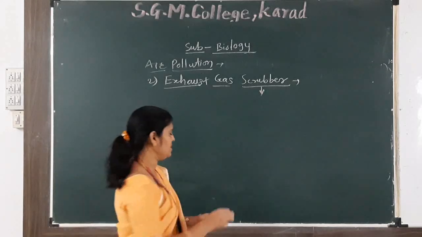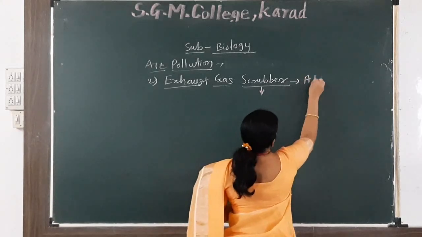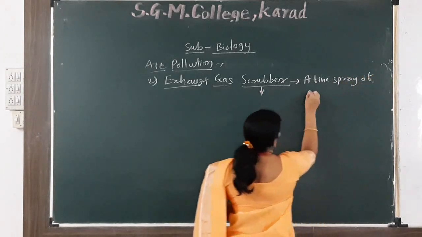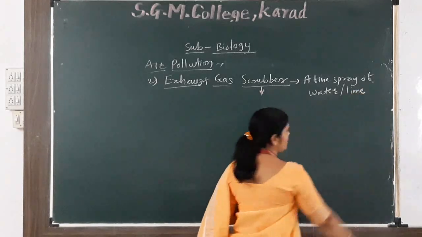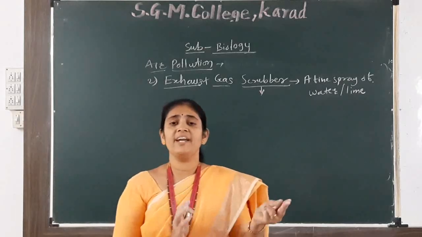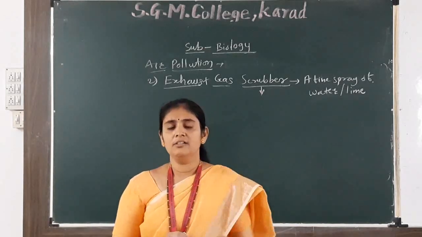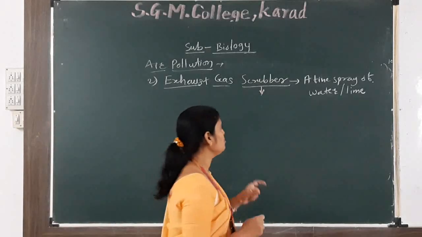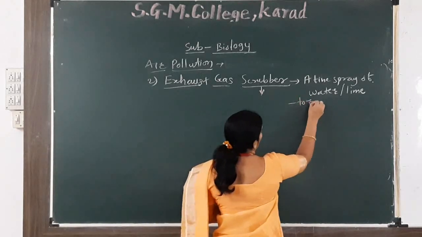This scrubber means a fine spray of water or lime, and this fine spray of water or lime is used to separate the gaseous pollutant from the air. Therefore this is particularly used to remove dust and gas, that is SO2.